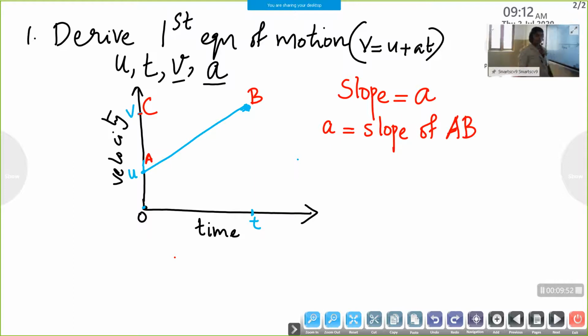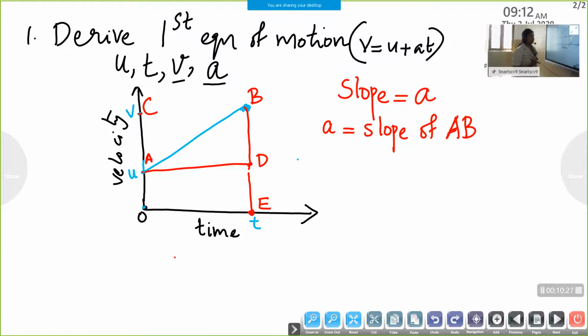And how will you take the slope, children? For taking the slope, you have to join these points using a straight line and they should meet at a point, and I am marking the point as D, and on this time axis, this point I am going to mark as E. Okay, so initial velocity is here, then final velocity is C, then we have the straight line graph AB, and the slope of the graph.